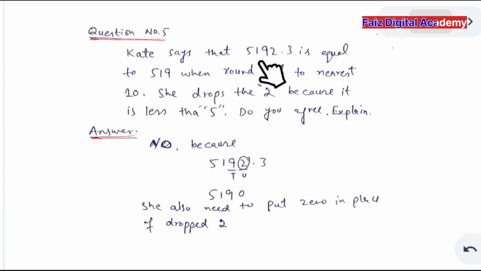Therefore we cannot say that 5192.3 is equal to 519 when we round off to the nearest 10. It must contain 0 at the end to complete it. So the correct answer is 5190. She also needs to put 0 in place of the dropped 2.